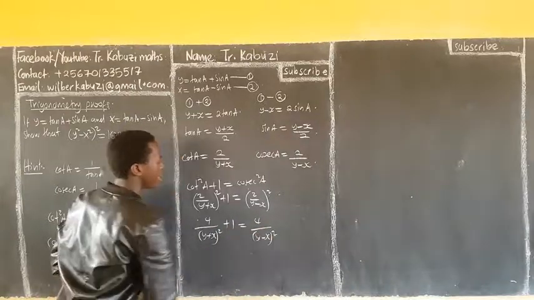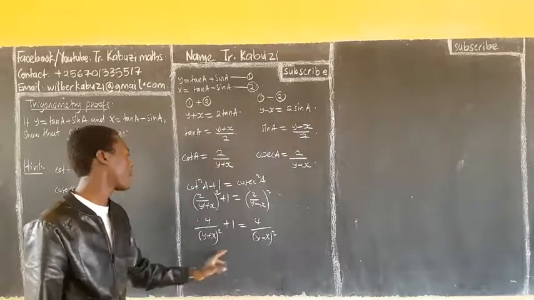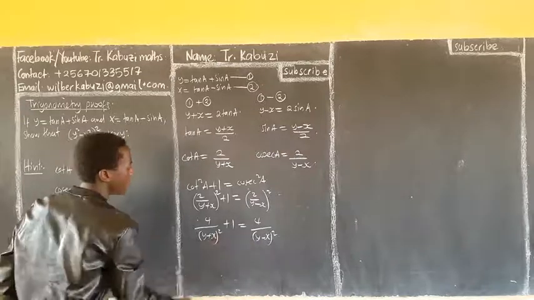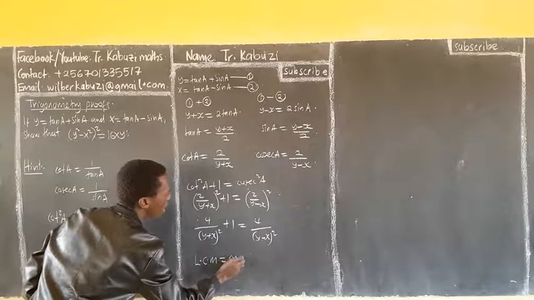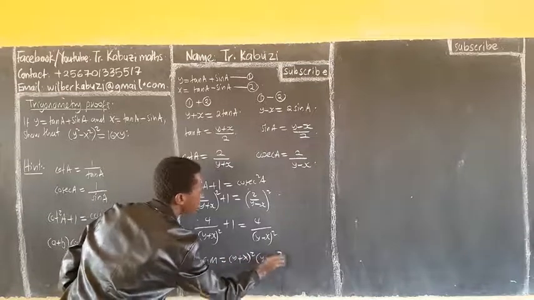So the LCM is this times this, so multiply through by this LCM. The LCM from there is going to be (y plus x) squared into (y minus x) squared.